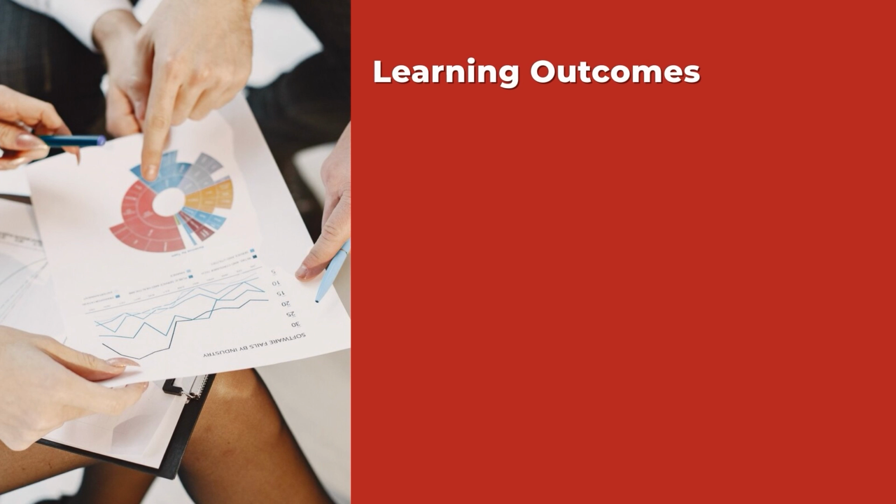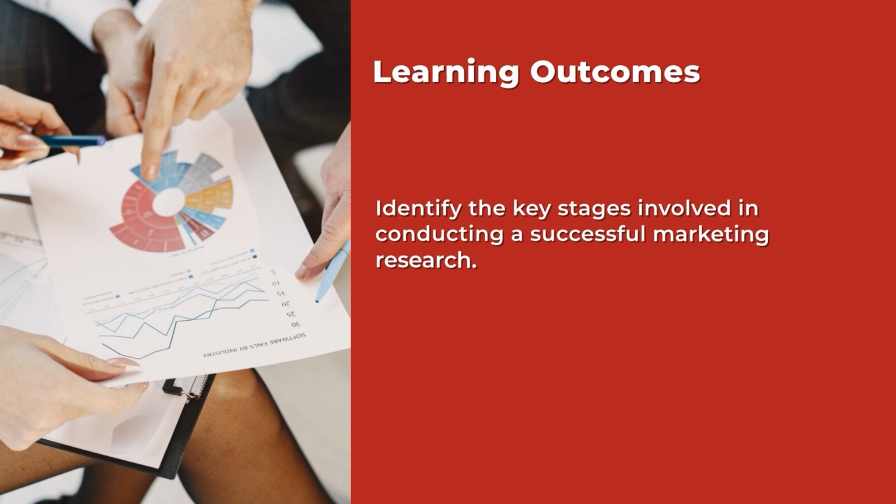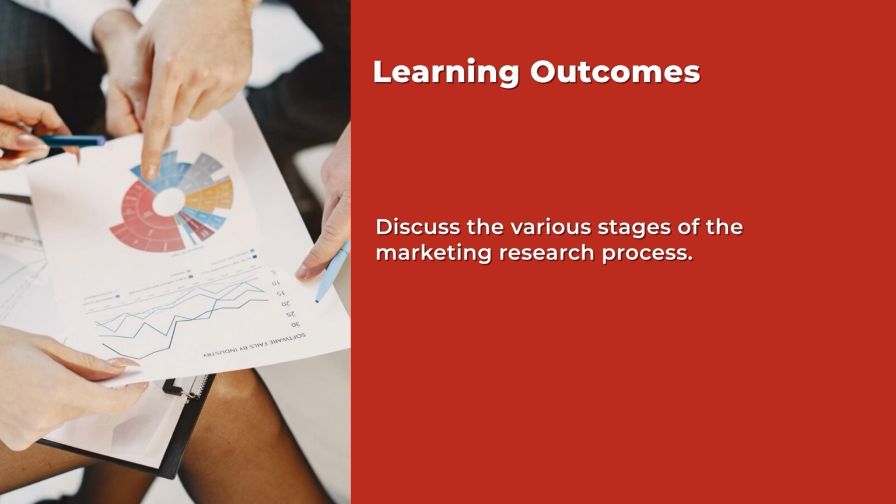The learning outcomes of this session are: explain how the value of information influences marketing research decisions, identify the key stages involved in conducting a successful marketing research, discuss the various stages of the marketing research process and applying the concept learned in real life case situation.